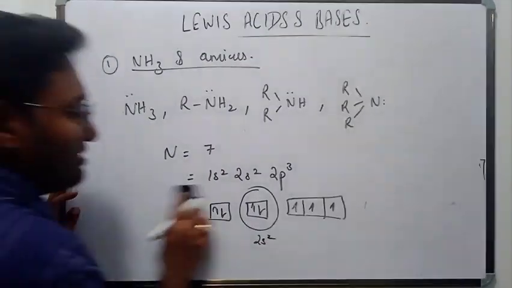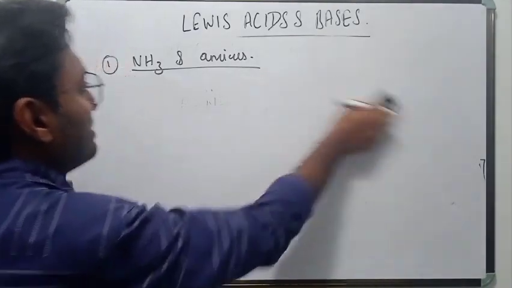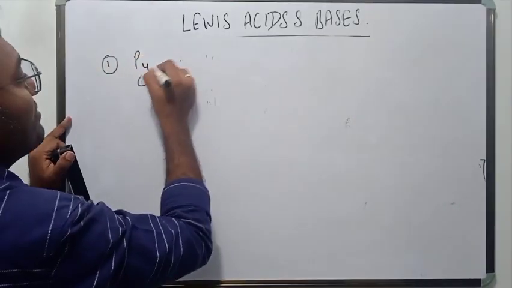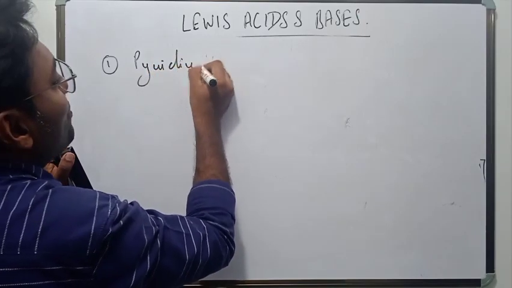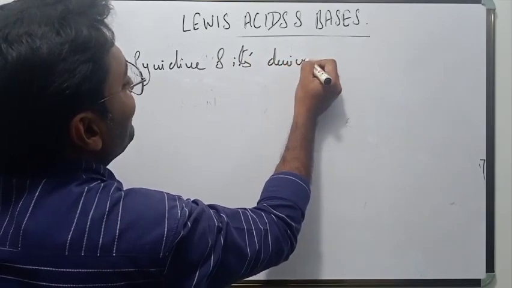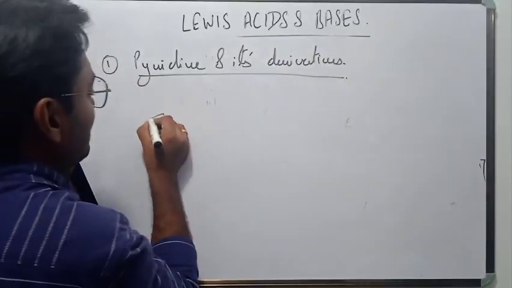The second example of Lewis base is pyridine and its derivatives. And why pyridine, we know, because its reasoning we have already given. It is also having nitrogen, that is why. Pyridine and its derivatives. Look at this.